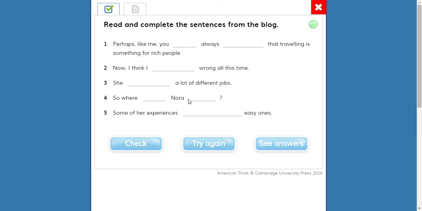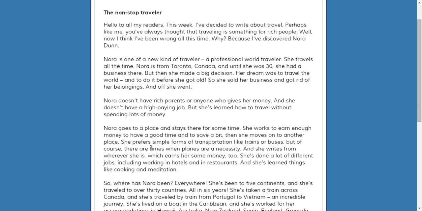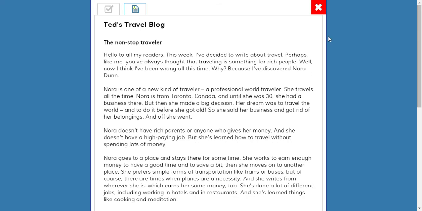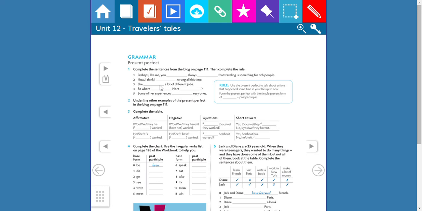Number 4. Number 5. Some of her experiences. Easy ones. So the idea is to complete these sentences from this article. Okay? Number 1. So we're going to do it together in class. That is the first part.